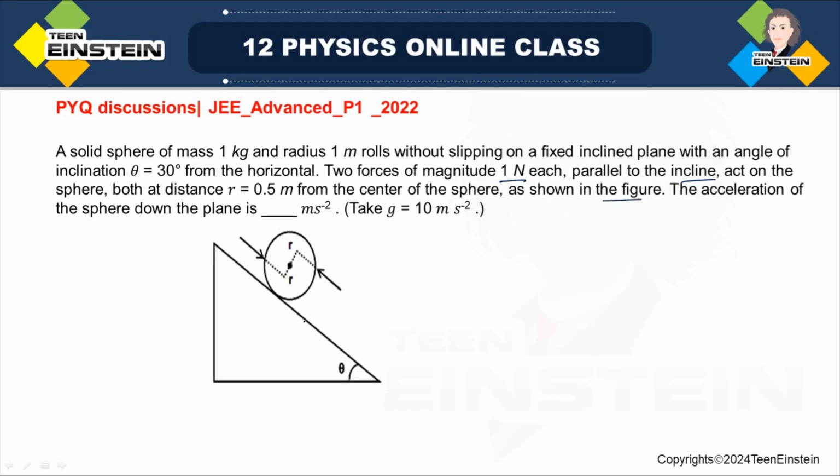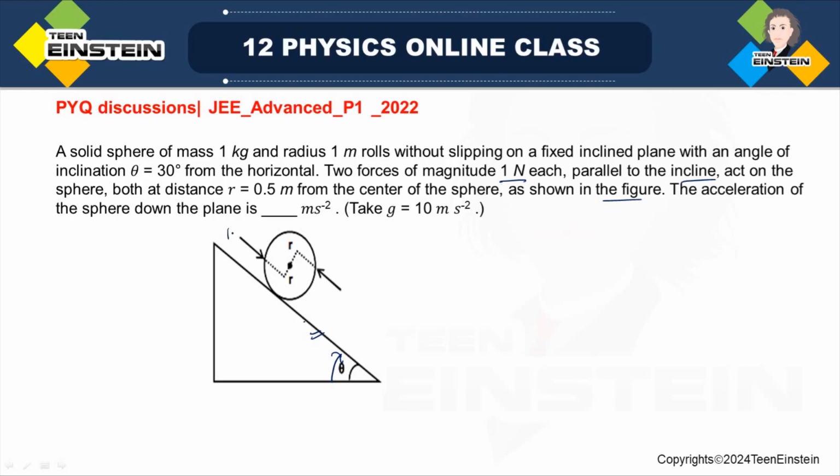So you can see this is the inclined plane, and this plane is inclined at an angle theta which is 30 degrees from the horizontal, and this sphere is acted upon by two parallel forces.